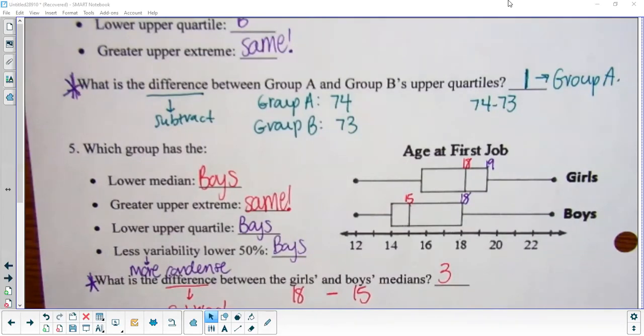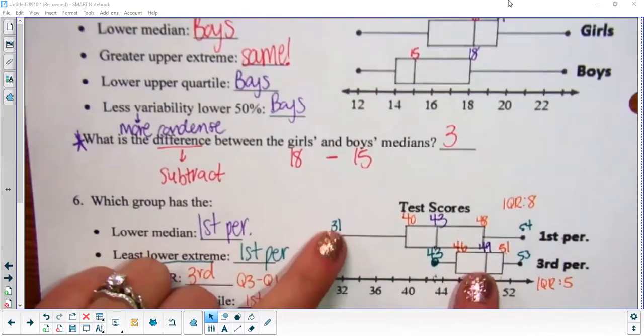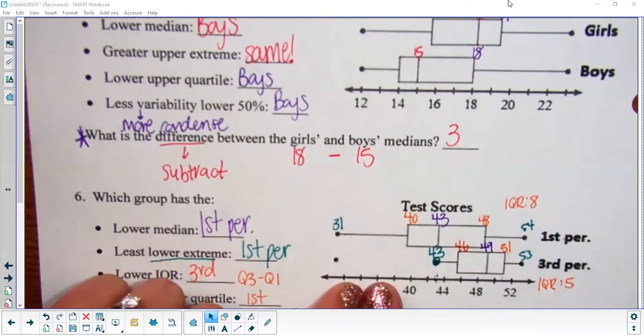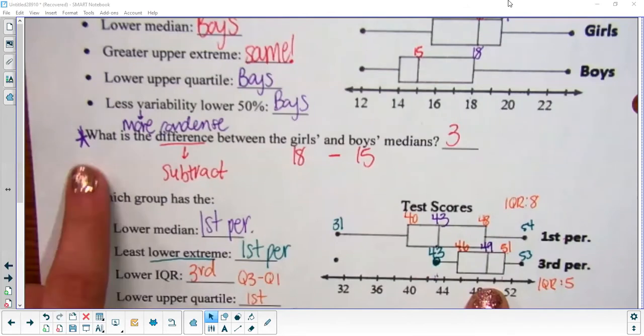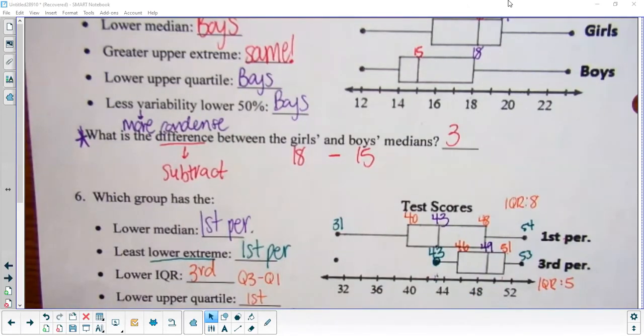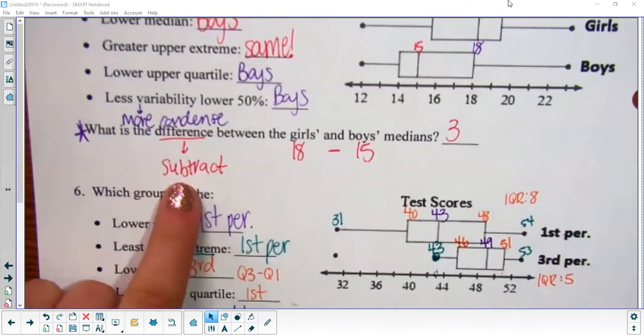Your test question for box plots is going to be all about comparing two box plots on the same number line, but really thinking about the median or the upper quartile or the upper extreme or the lower quartile or the lower extreme, seeing which one is the biggest or which one is the greatest in value, and then what's the difference between the two, difference meaning to subtract.